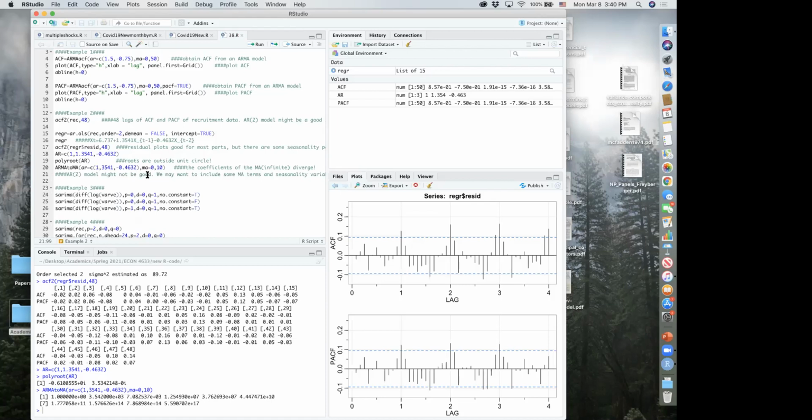Then we moved to the ACF and the PACF plots of the ARMA, and we know how we can decide the orders of the ARMA by looking at the ACF and the PACF. So the next question is, once we decide the model, how can we estimate that model.